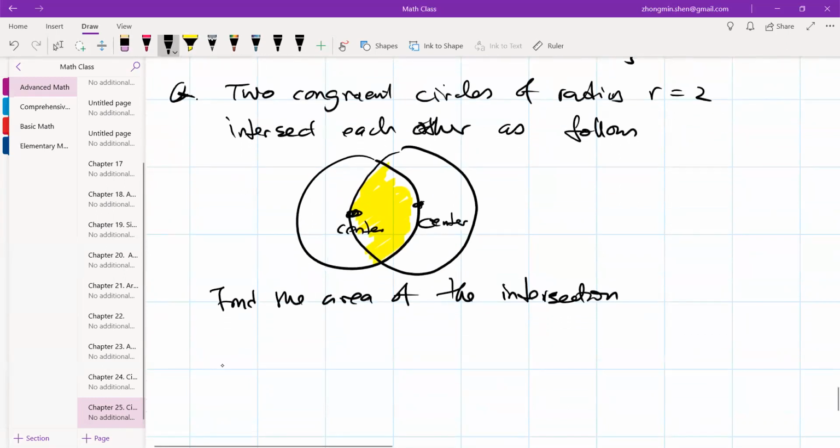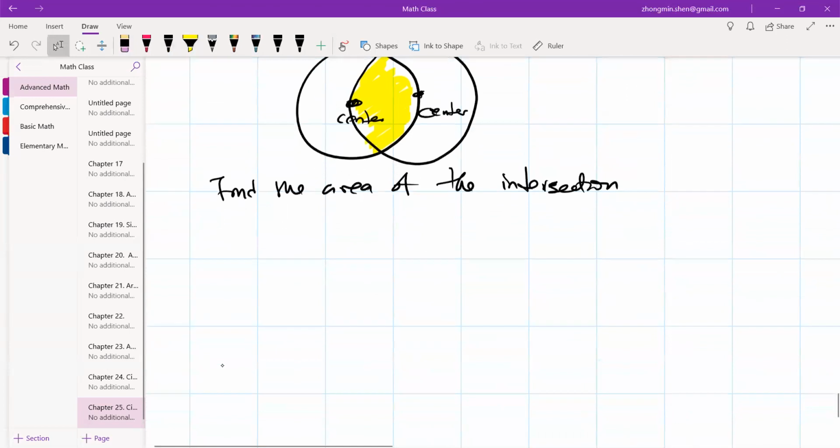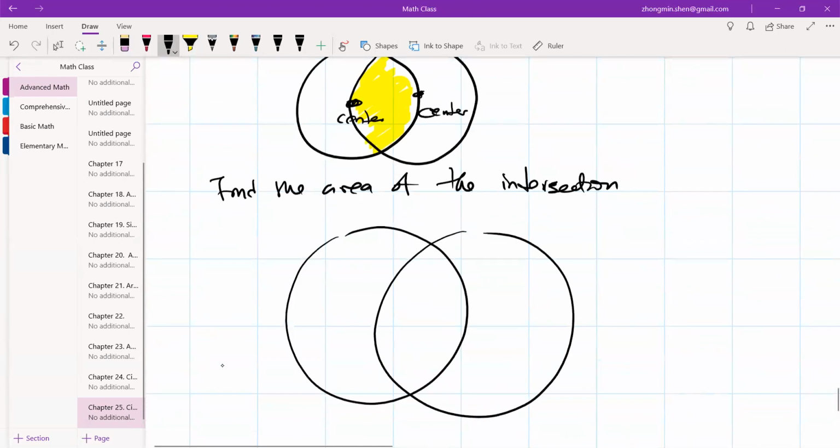To solve this problem, you have to, oh, that's too big. It's harder to draw two identical circles.